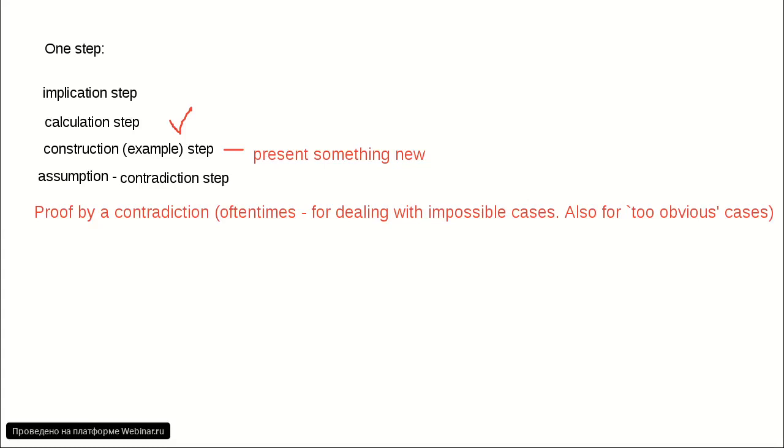So if you check numbers 5, 13, 17, and others, the prime numbers which have remainder 1 modulo 4, all of them are represented as a sum of squares of integer numbers.